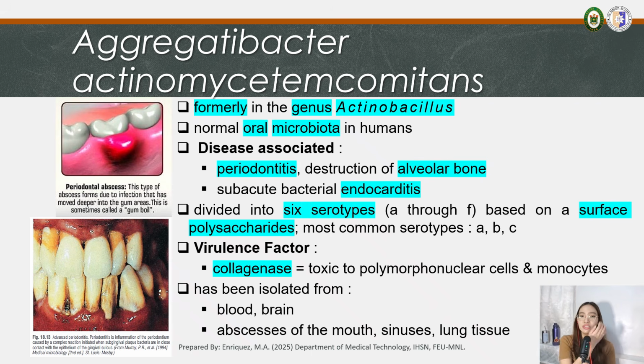It's divided into 6 serotypes, and its primary virulence factor is collagenase. All right. So, as the name implies, you would be able to understand that collagenase targets the structure of collagen. Diba? It could destroy the structure of collagen. And this is basically toxic to polymorphonuclear cells or yung mga neutrophils and also monocytes.